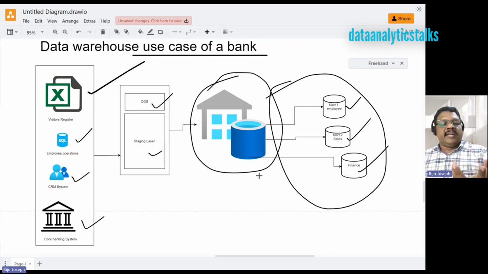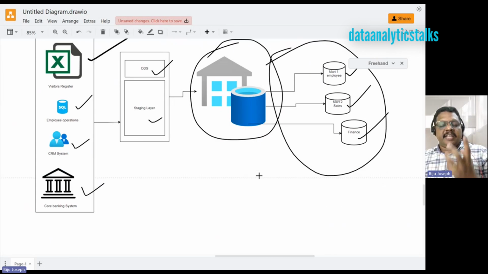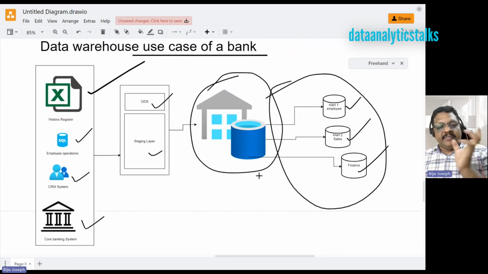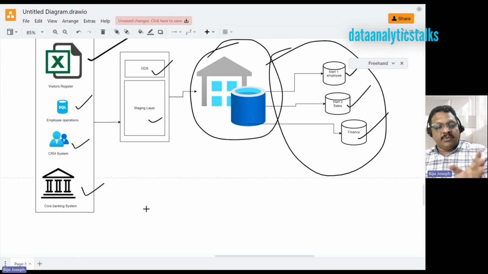So maybe you should think in simple terms, like in any bank, the day you meet, you will find different sources of data, and you want to see how the bank operates over a period of time. You will have to consolidate all the data from all the sources to a central analytical database, data store.